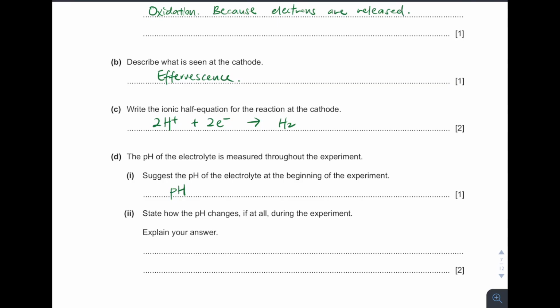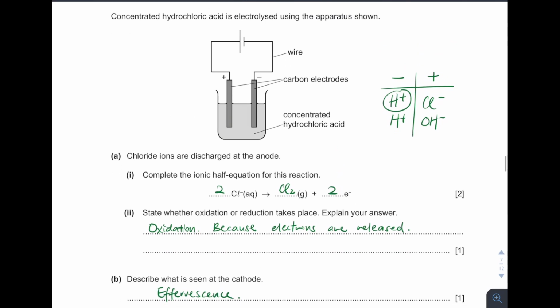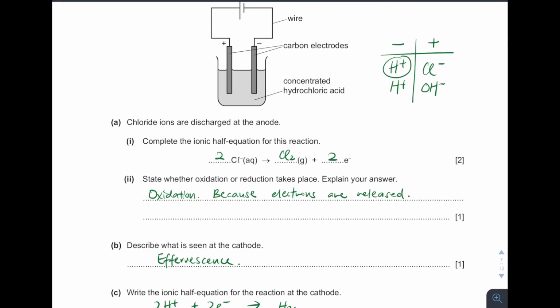Next one, state how the pH changes, if at all, during the experiment. So first, what ions will get selected? Hydrogen gets selected at the cathode, and chloride gets selected at the anode. So the concentrations of hydrogen and chloride will decrease. The main one is hydrogen ions. When the concentration of hydrogen ions decreases, what happens to the solution? It gets less acidic.